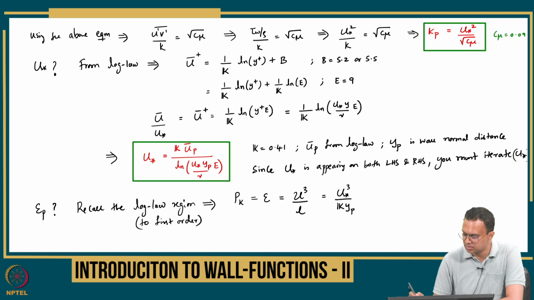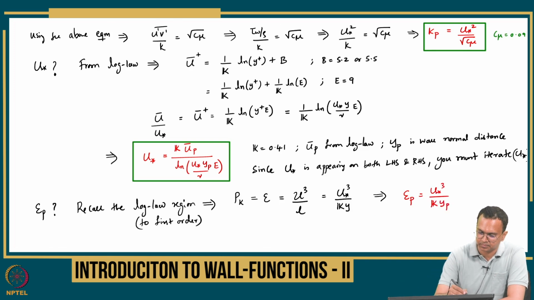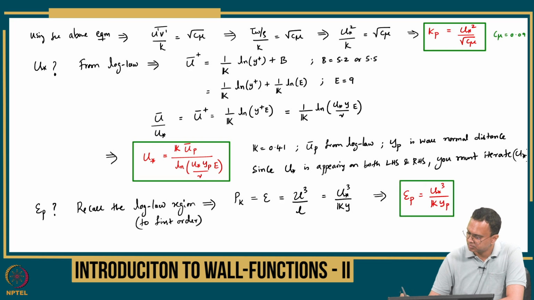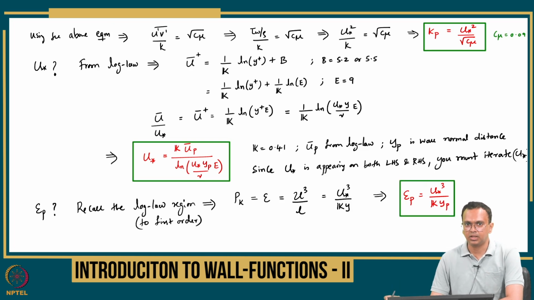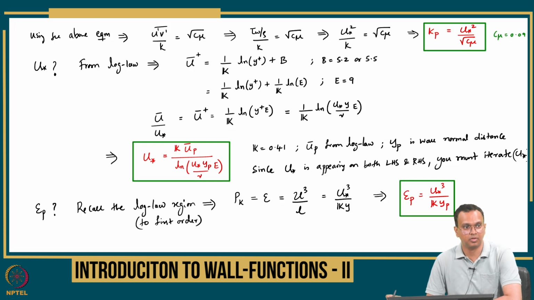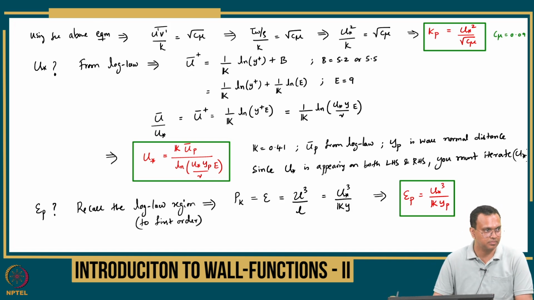So epsilon p is now available to you. Therefore epsilon p is nothing but u star cube by kappa yp. So the boundary condition, or the so-called wall function, is available to you now. Kp, epsilon p, u star, everything is available.